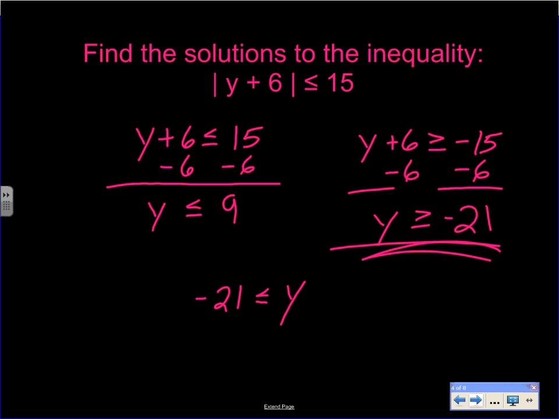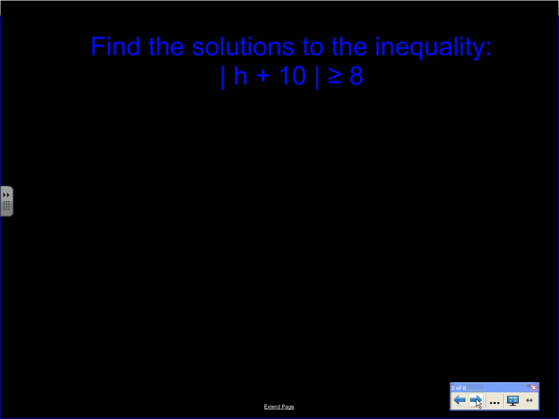And now, on this one over here, we're going to leave it the same. Y is less than or equal to 9. We have the y already. Less than or equal to 9. And so this one works out to be like that. This next one's just a little bit different when you have your final answer.